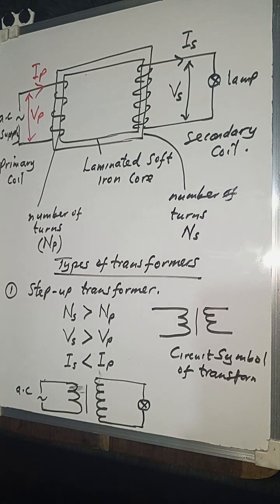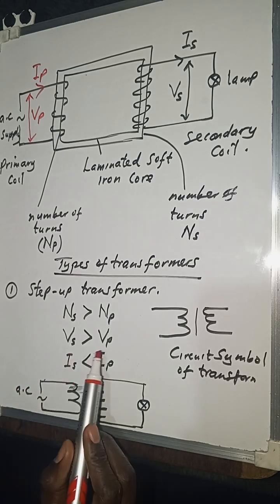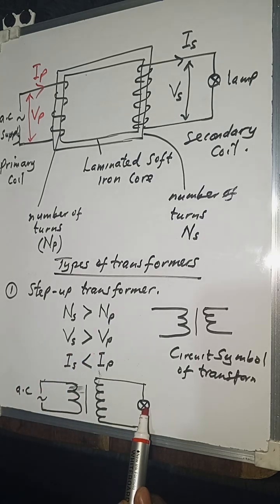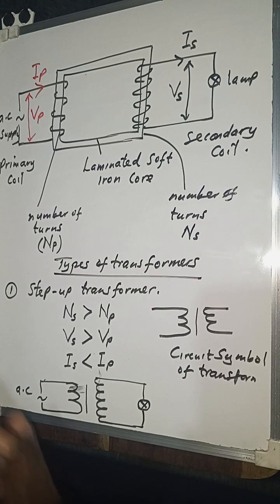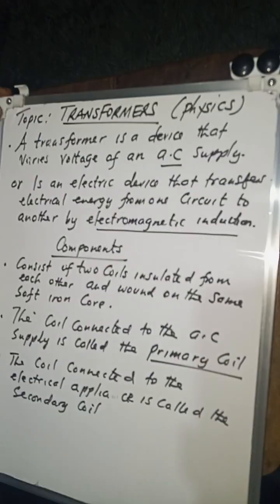And if your voltage in the primary is going to be less than what you have on the secondary, then such a transformer is what we call a step-up transformer.